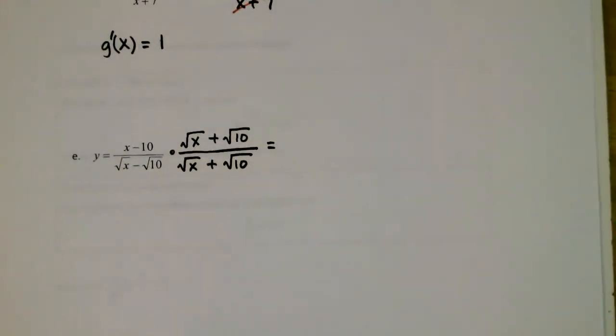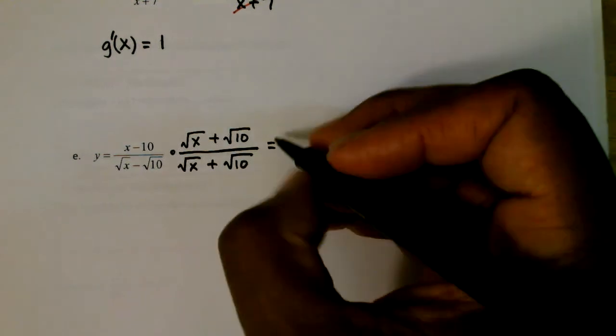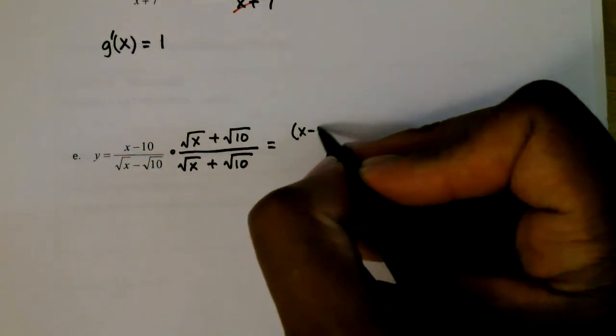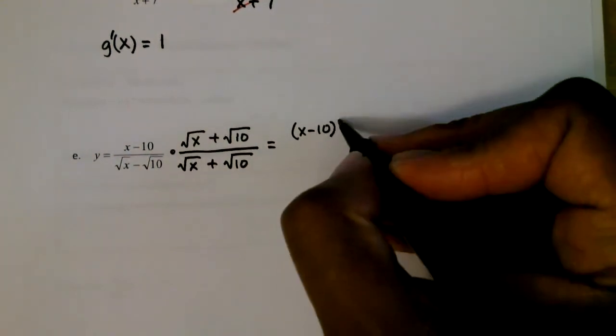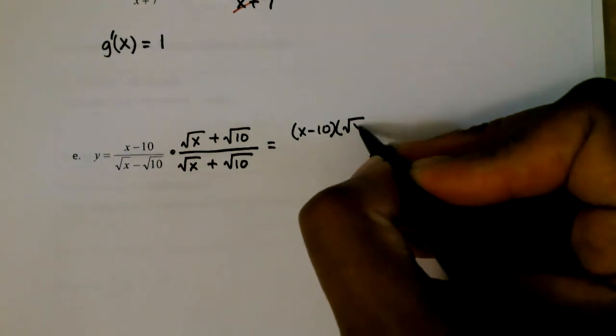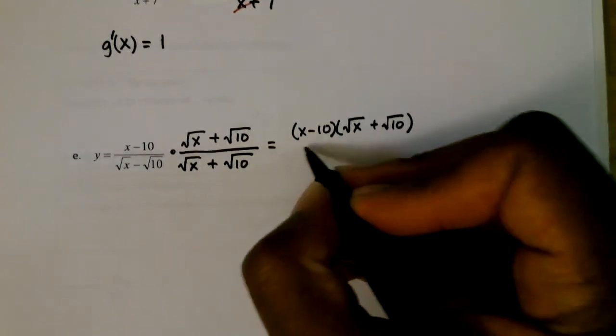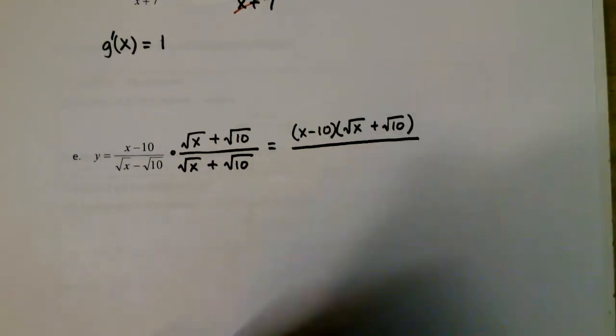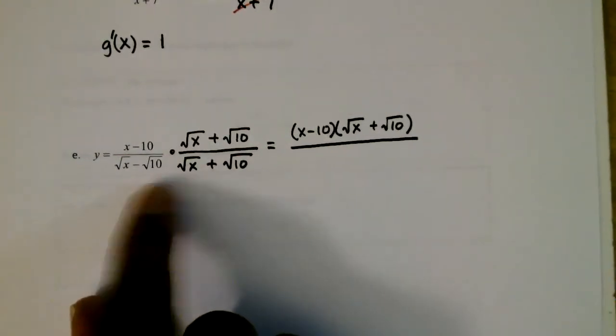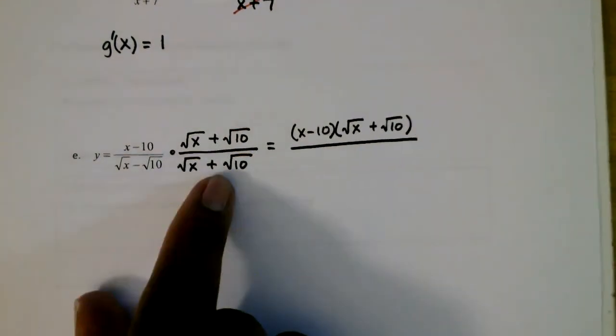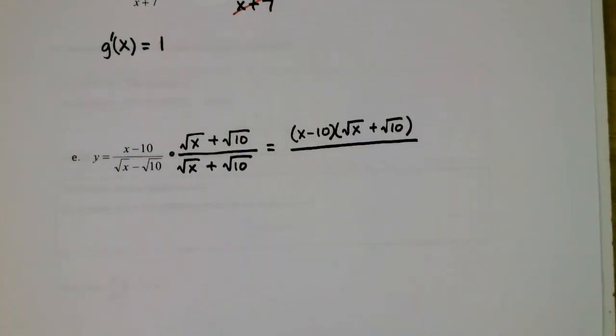This is just like multiplying by 1 in the numerator and the denominator. All right, so the numerator, I'm going to leave as is. I'm just going to write the x minus 10 in parentheses and then the square root of x plus the square root of 10 in parentheses. And this will be divided by, now when you multiply by conjugates, you're going to have the sum and the difference of the same two terms.